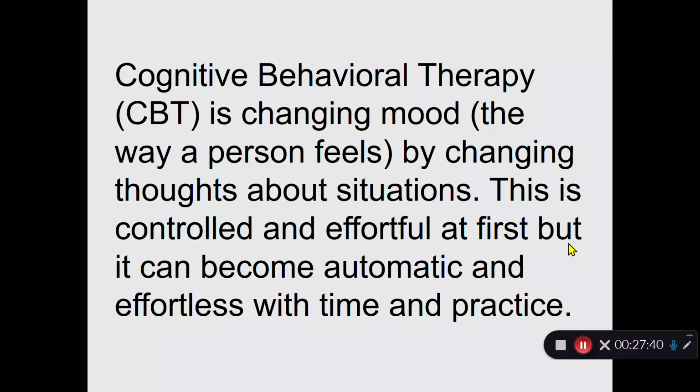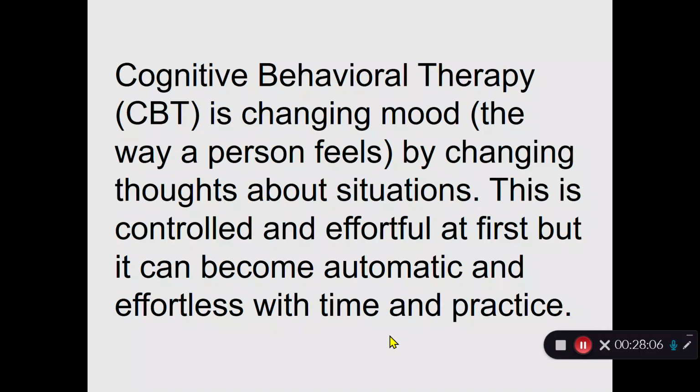Cognitive behavioral therapy involves changing your explicit thoughts about situations and using your controlled processes to control your automatic processes, using prefrontal cortex and anterior cingulate cortex to control fear and stress in the amygdala and hippocampus. And it's effortful at first, but it can become automatic and effortless with time and practice in some people.